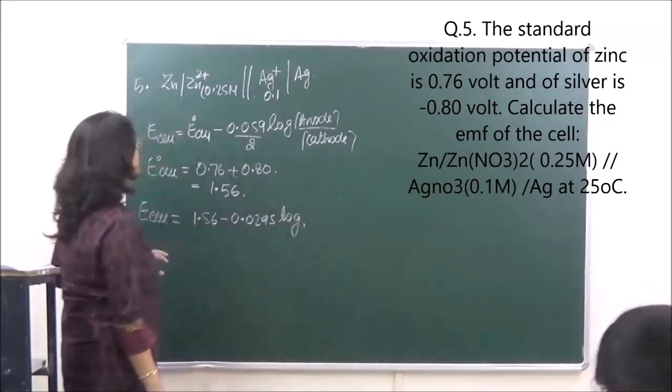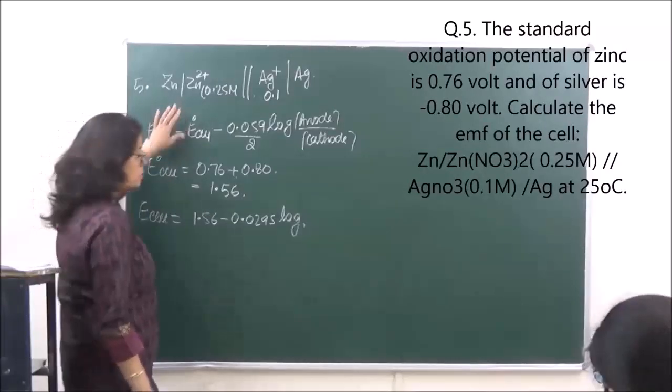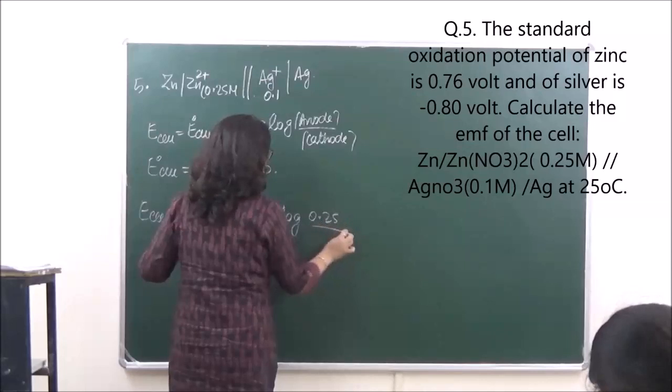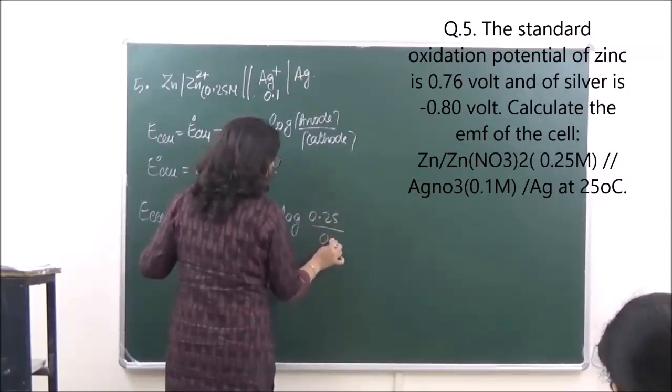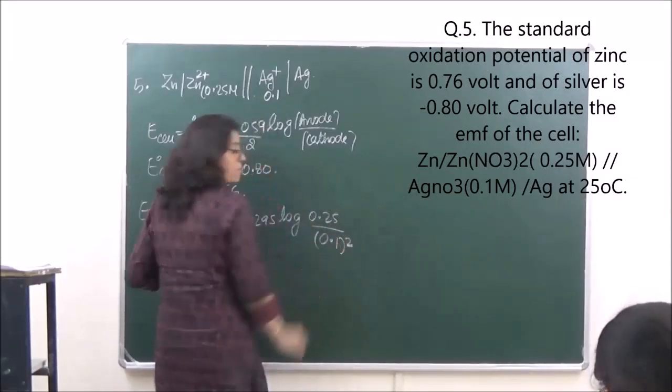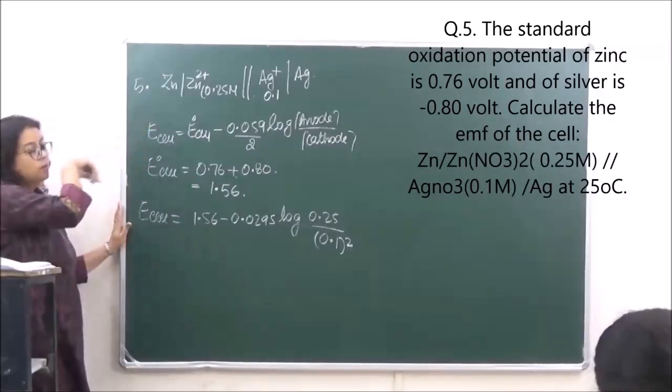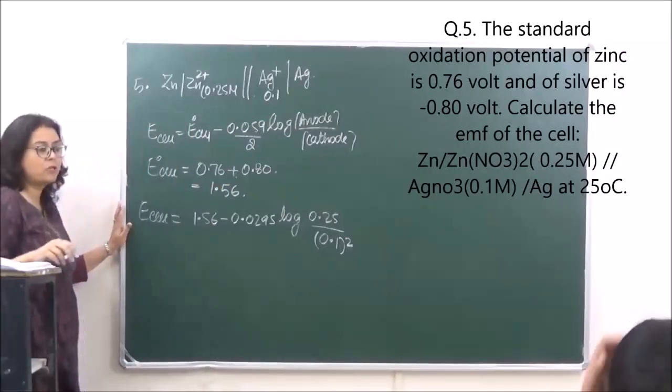The anode over here is going to be zinc, so concentration of 0.25 upon 0.1 whole squared, which we have to take in order to balance the number of electrons.